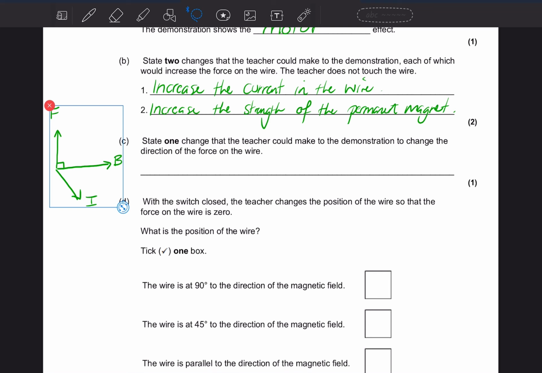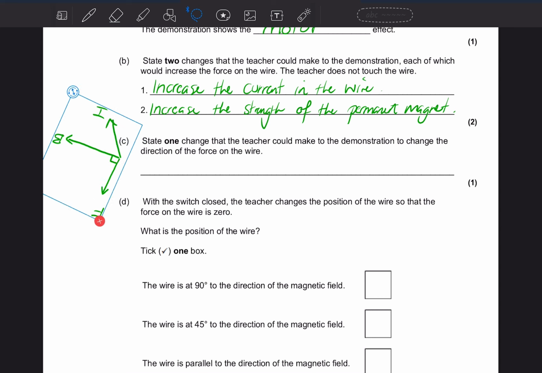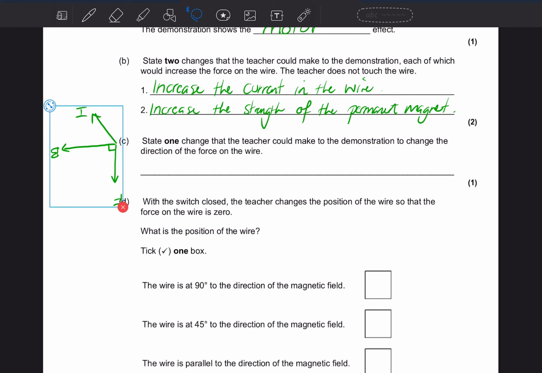So you can see at the moment that the force is currently pointing to the top, and the current is pointing towards us, and the magnetic field is pointing to the right. If I flip it around so that the force is downwards, you can see that the magnetic field is now pointing to the left, and the current is now pointing away from us. So by reversing the current or the magnetic field, we can reverse the direction of the force.